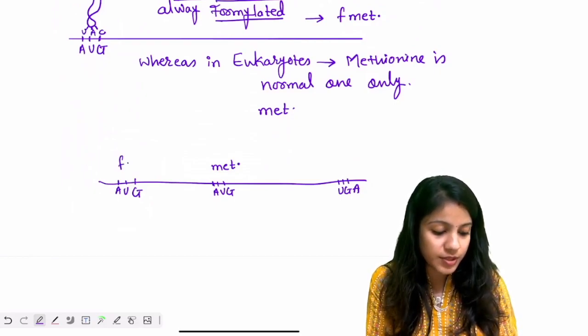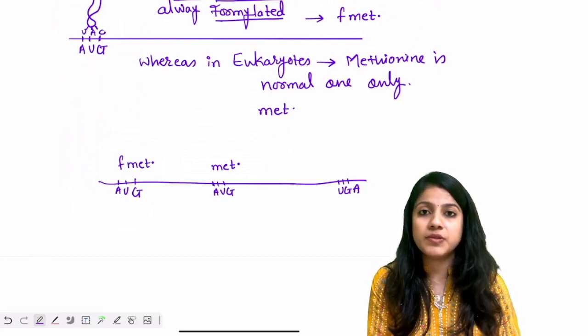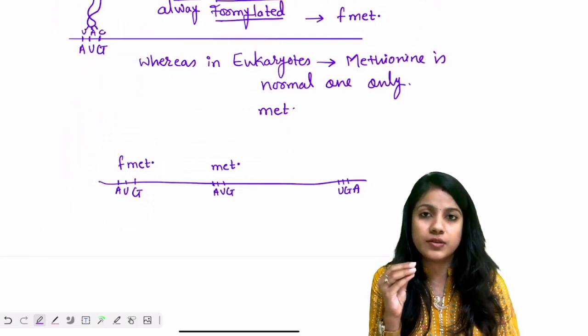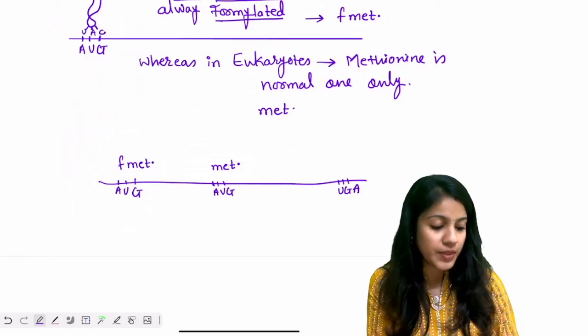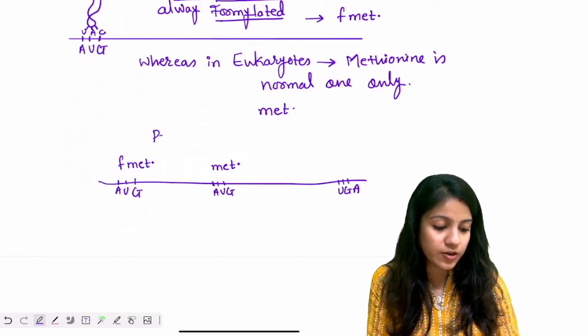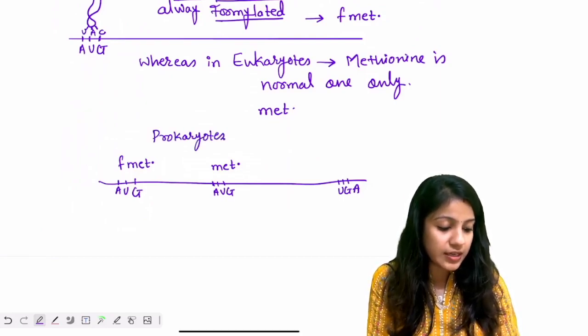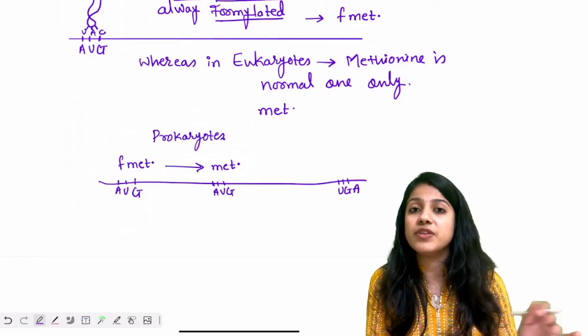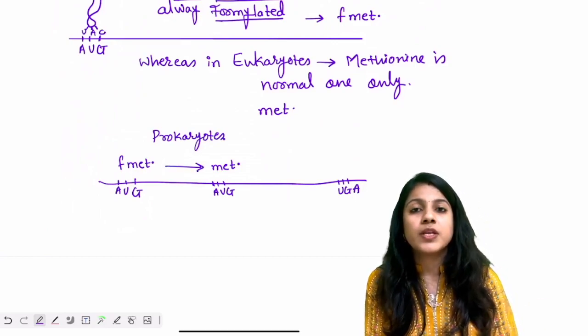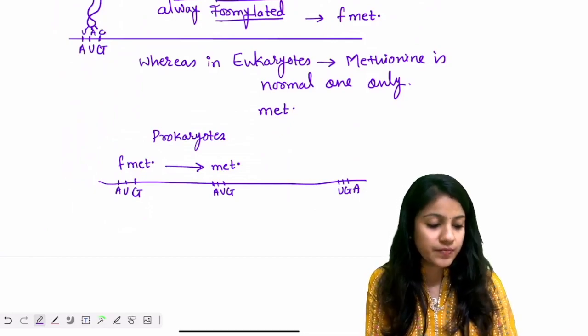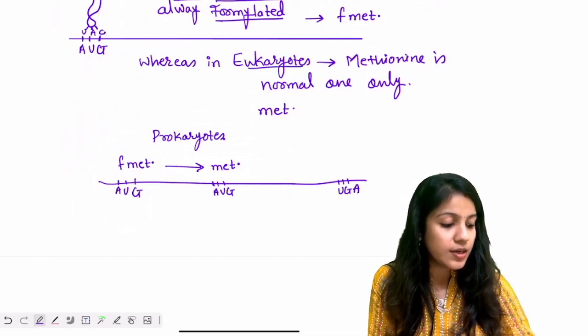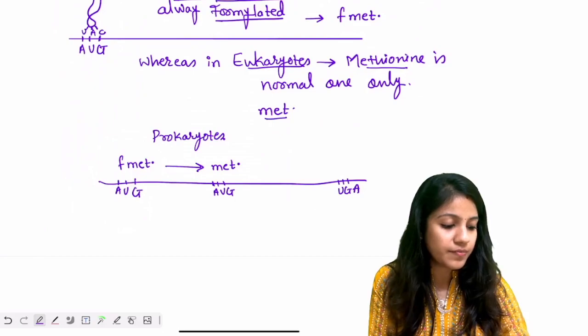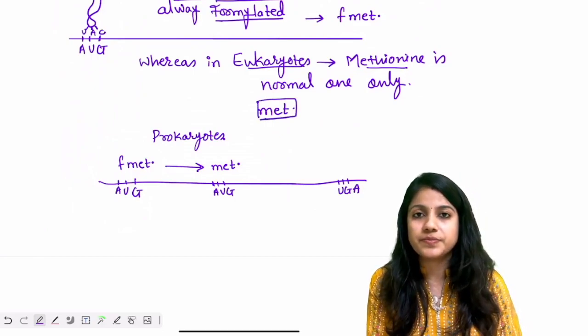Here, only the first methionine will be formylated methionine because it is at the start of the protein structure. So, in case of prokaryotes, the first methionine will be F-methionine. Other methionines, if they are coming in the structure, will be normal methionine only. Whereas in eukaryotes, all methionines will be normal methionine only.